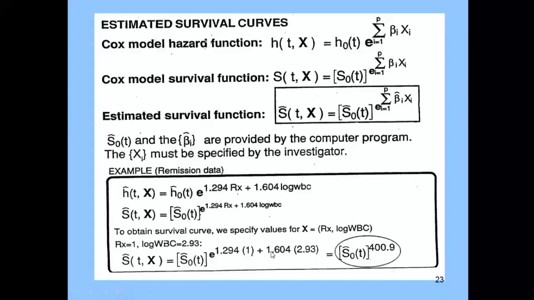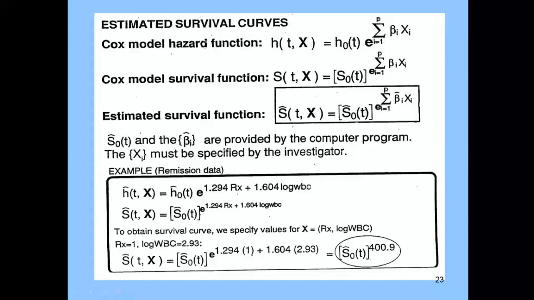It's something like e to the 6, or something like 2.71 to the 6. It's not 400.9. It's going to be a number less than that. But in any case, I'm going to get a different survivor expression for the people in the treatment group.